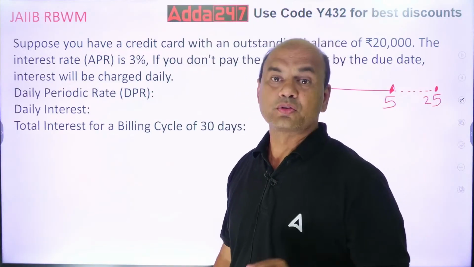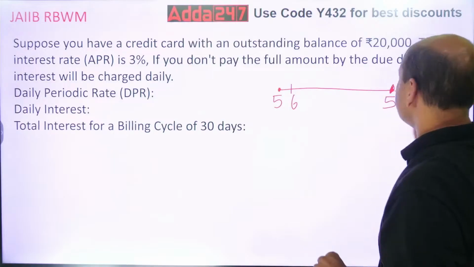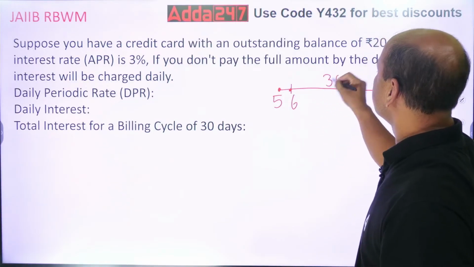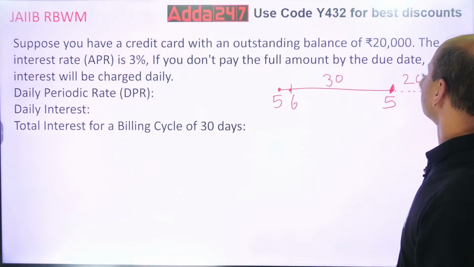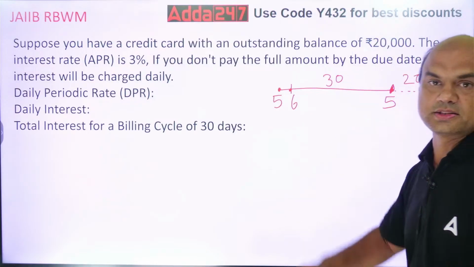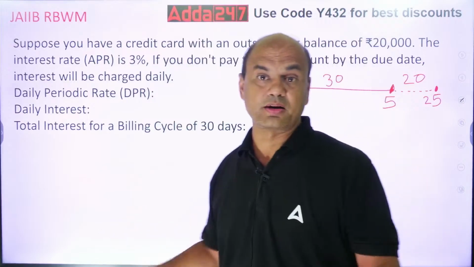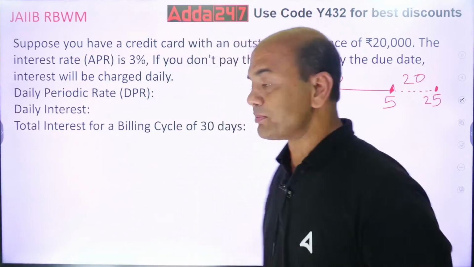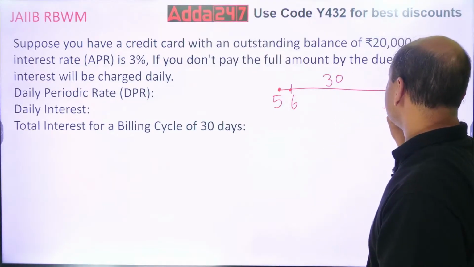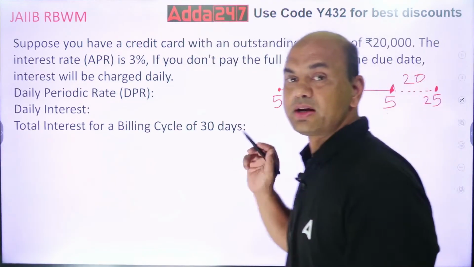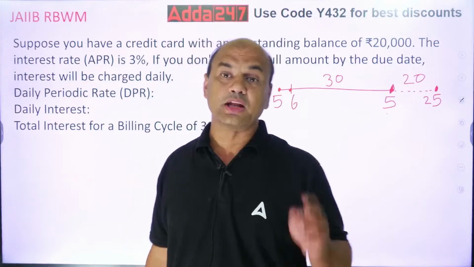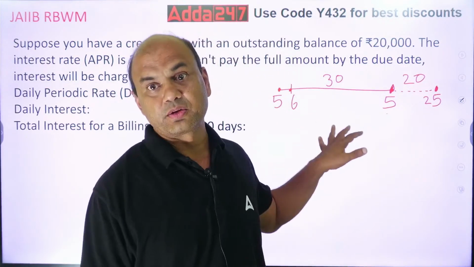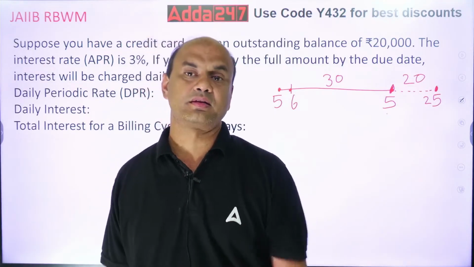So if I purchase on the 6th, I am getting roughly 30 days plus 20 days, net 50 days of interest free period. But if I purchase on the 5th, I get only 20 days free. That's why this is known as a billing cycle. Up to this period, you have an interest free amount.